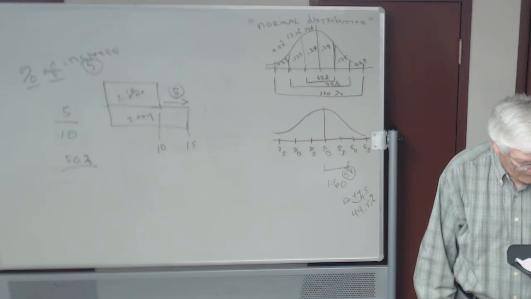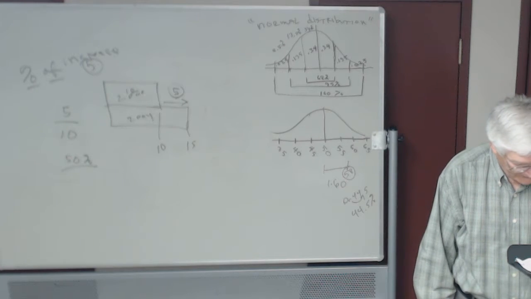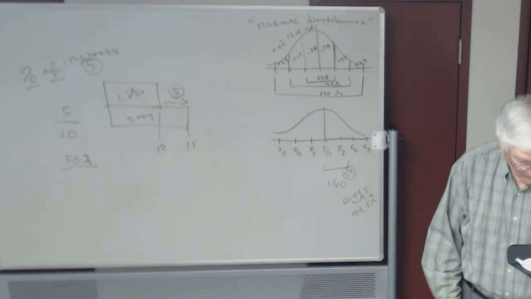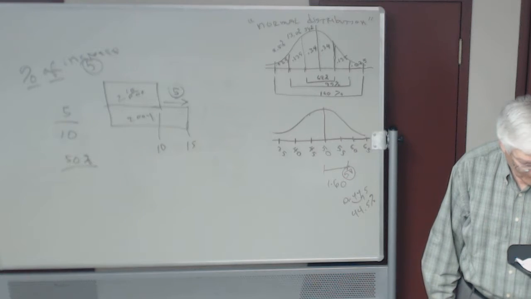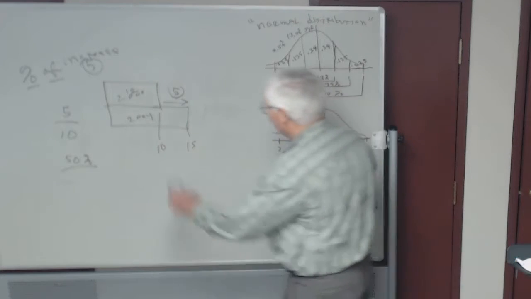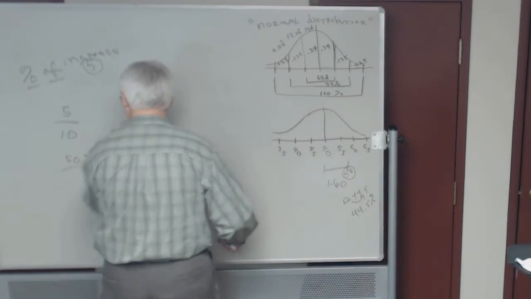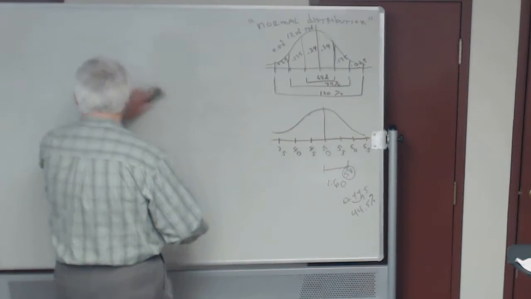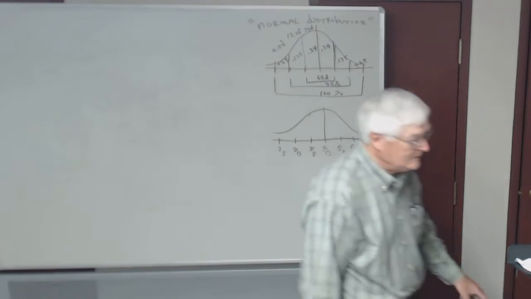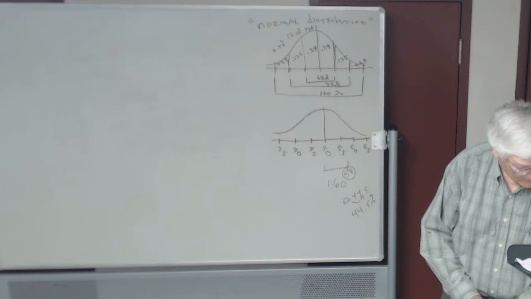Number 17, graph the 5 points given in the table below. Draw the best line you can between these points and estimate the value of y for x is 6. So they said, graph these points. Can you tell me what the points are?